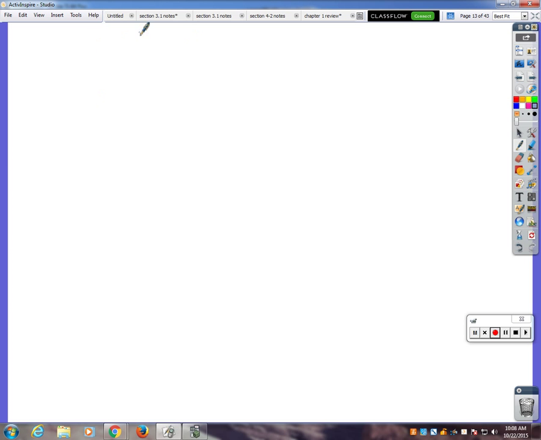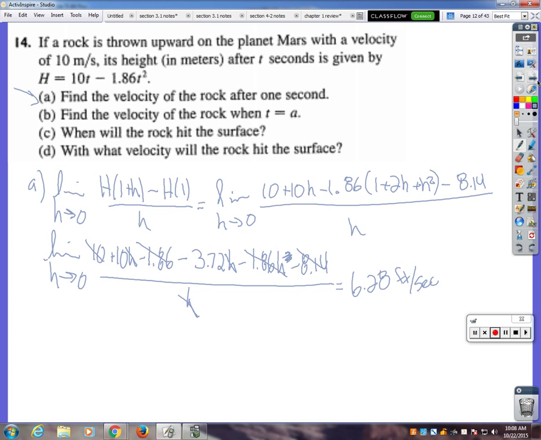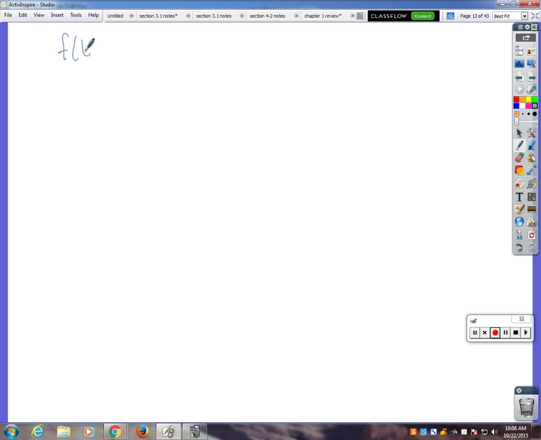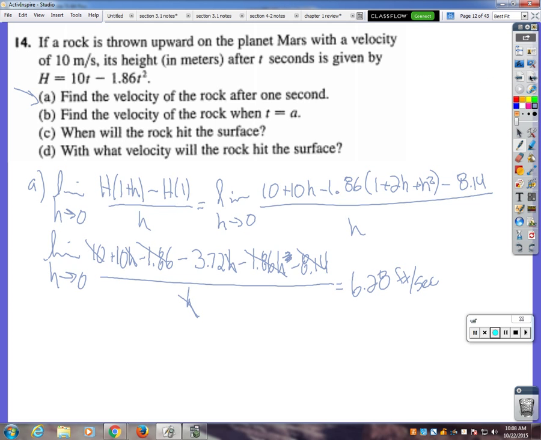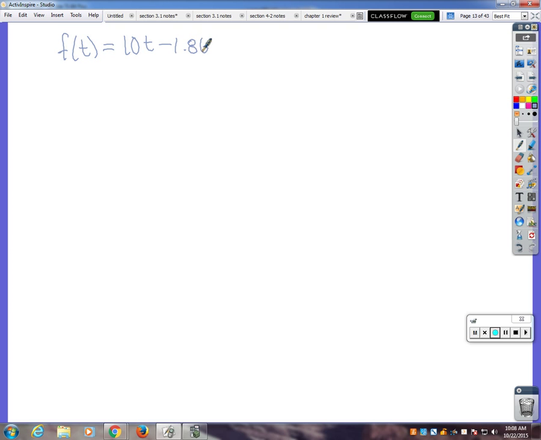My original function was f of t equals 10t minus 1.86 t squared. Now I'm going to do the same thing, but I'm going to do the limit as h approaches 0 of f of a plus h minus f of a over h.